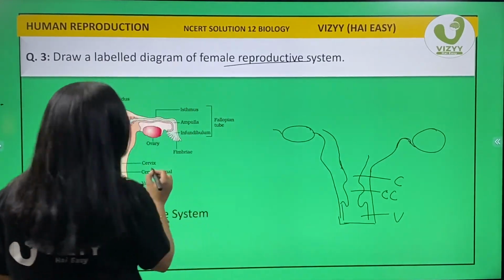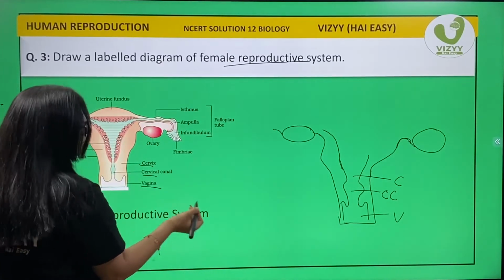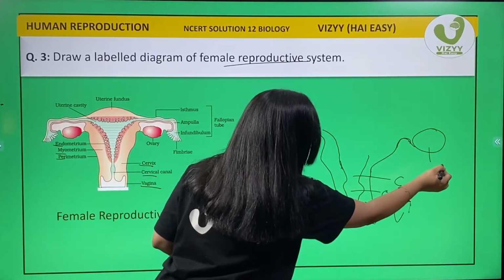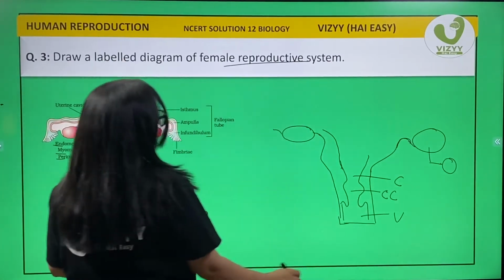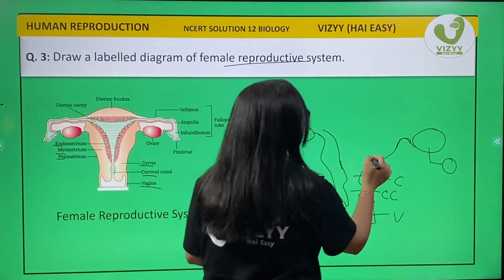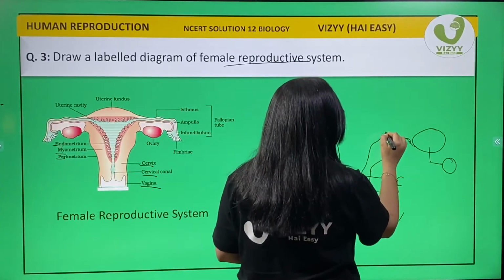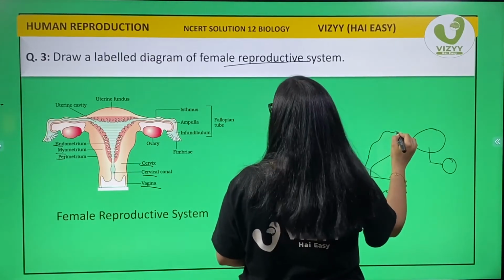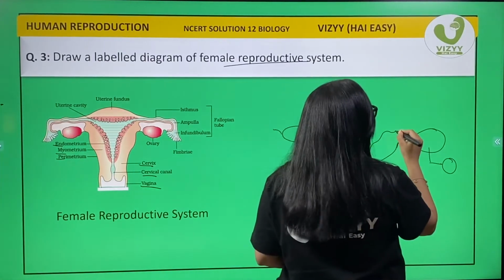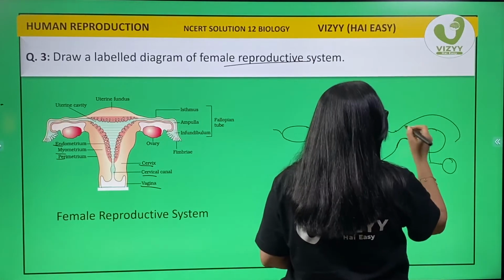So we are done with 3 labelings. Okay, ovaries are also mentioned, so 4. Done. Now the uterus, this is your uterus. Okay, now the tube-like structure.